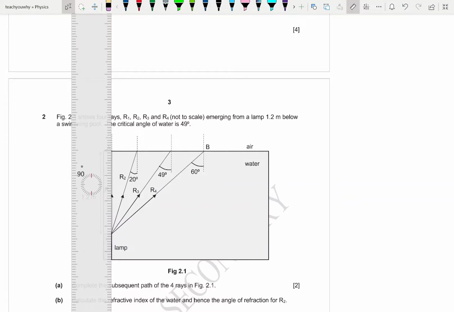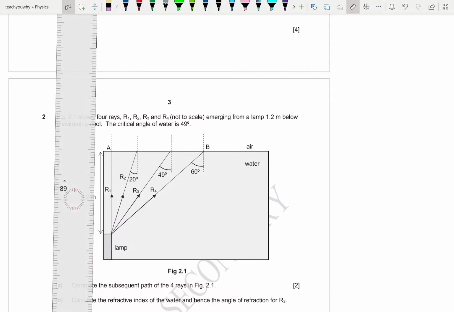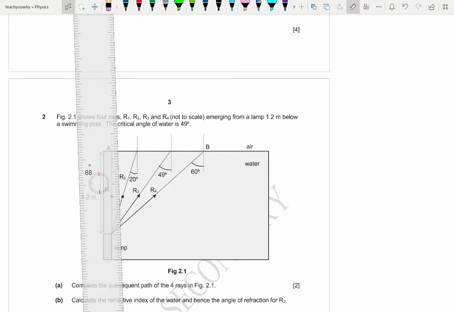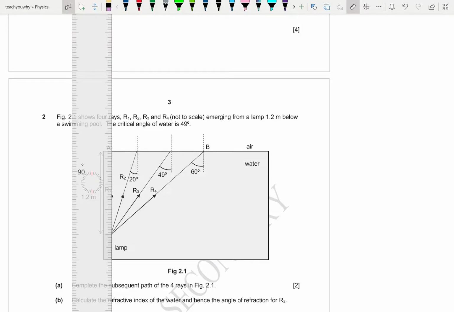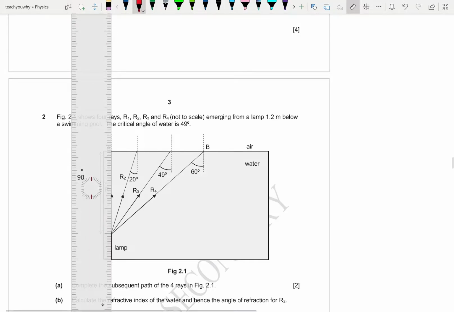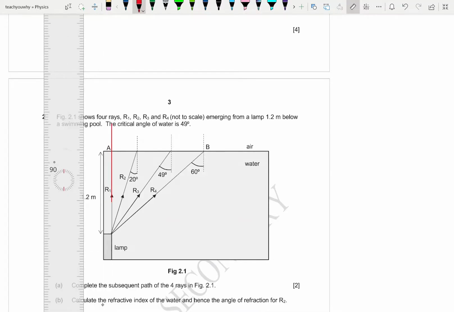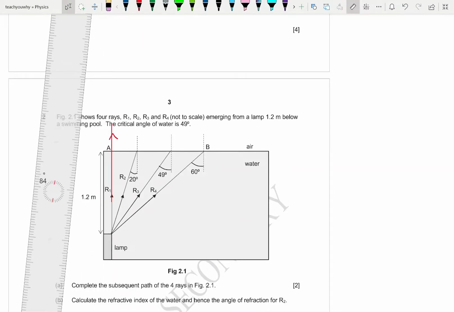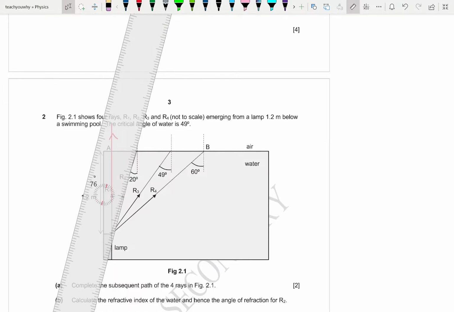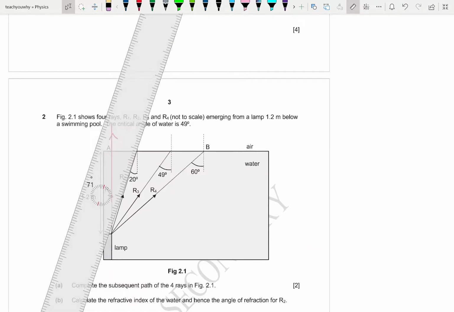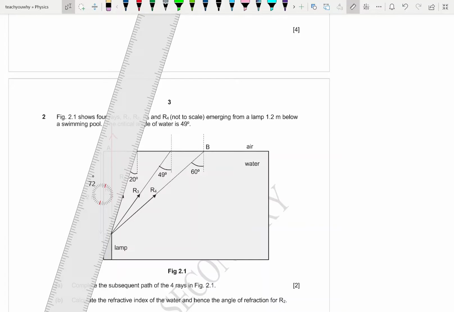Ray number 1 is pretty straightforward. There is no incident angle, because this dotted line here is my normal. So there is no angle of incidence and no angle of refraction, and this light ray will just travel straight. Now, how about ray number 2? For ray number 2, there will be refraction.